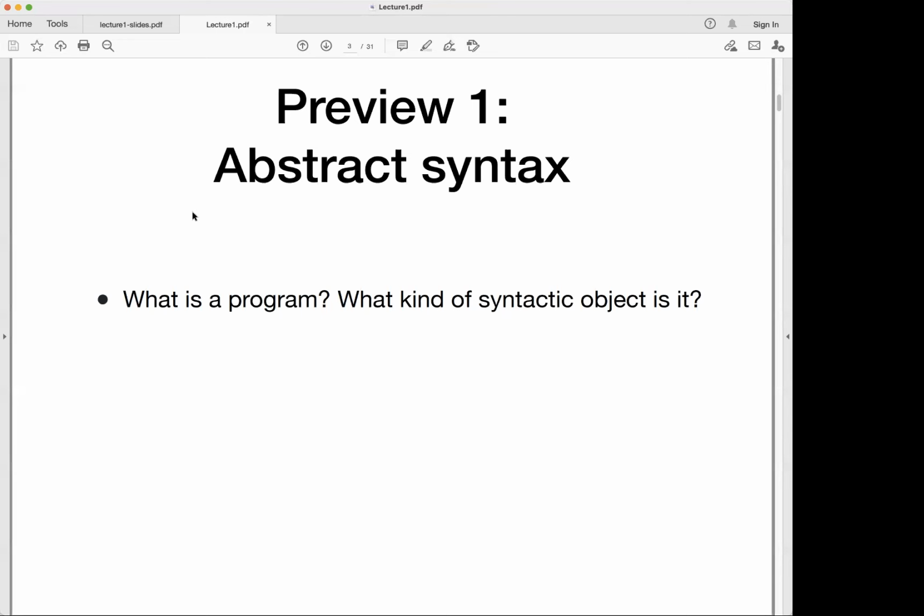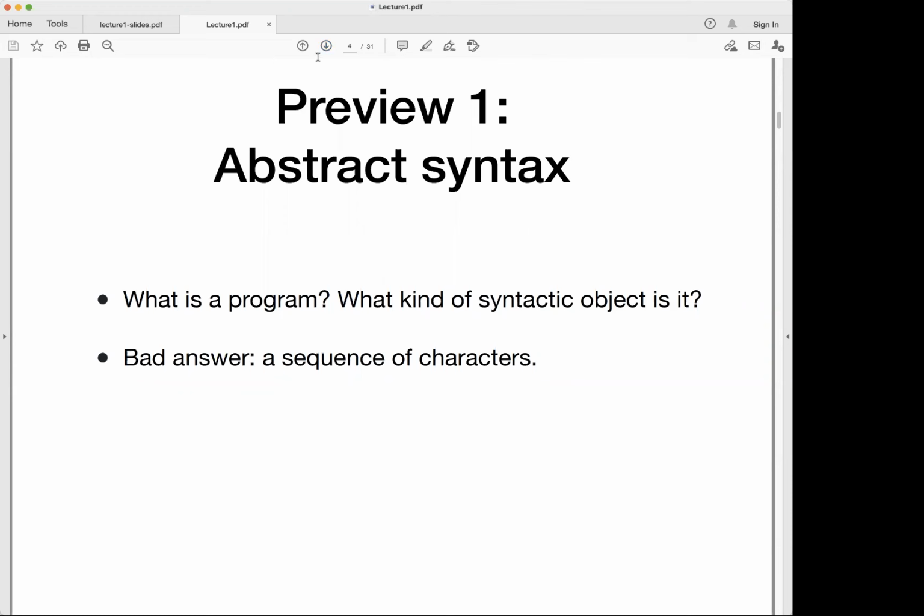There's an obvious answer to this question, which is that programs are nothing but sequences of characters. And this is not a good answer. That's because a program has a lot of interesting structure, and viewing programs as sequences of characters ignores all this structure, which can be exploited.